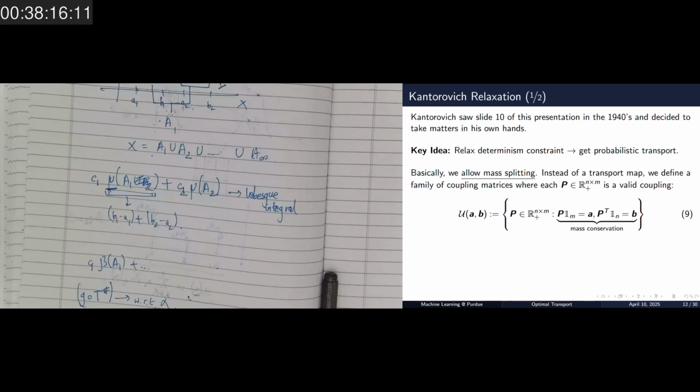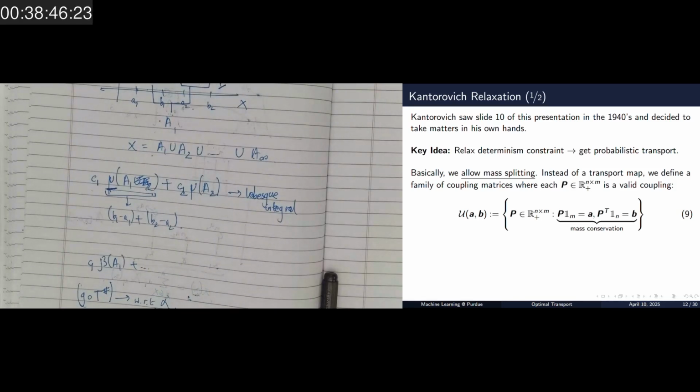Now, instead of a transport map where you basically say move xi to yj, we define a family of coupling matrices where each P in R of n cross m is a valid coupling. Basically, we want that same original mass conservation constraint that we discussed earlier by using this coupling matrix that just says transport this much of your mass to x0, x1, x2, all the way through xm for each input.